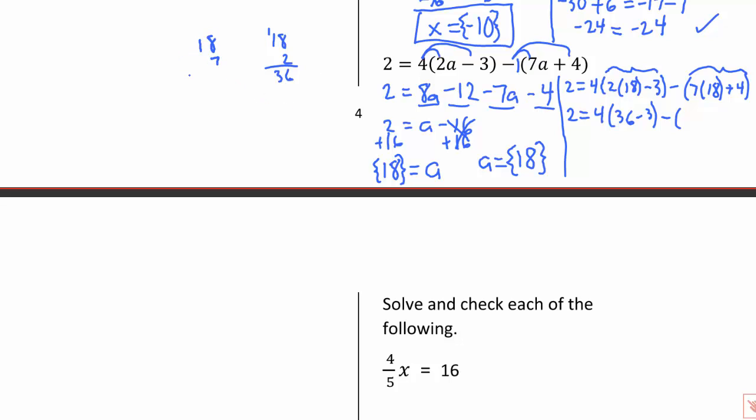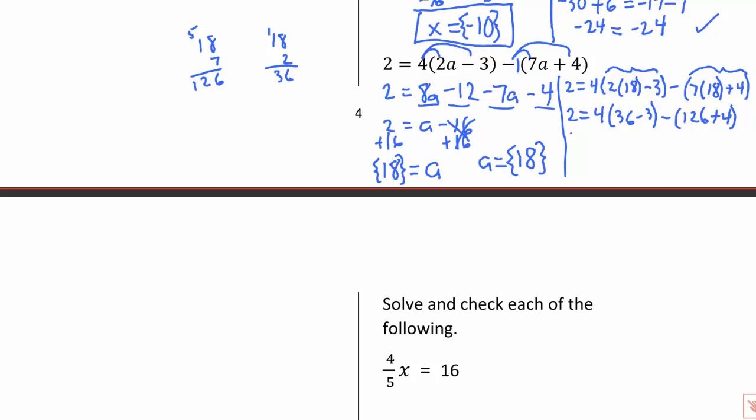So let's do 18 times 7. 8 times 7 is 56. Hopefully you knew that without a calculator. If not, please get flashcards. It's very important that you can do this in your head. 7 times 1 is 7, plus 5 is 12, 126. So we get 126, and then plus 4 over here.